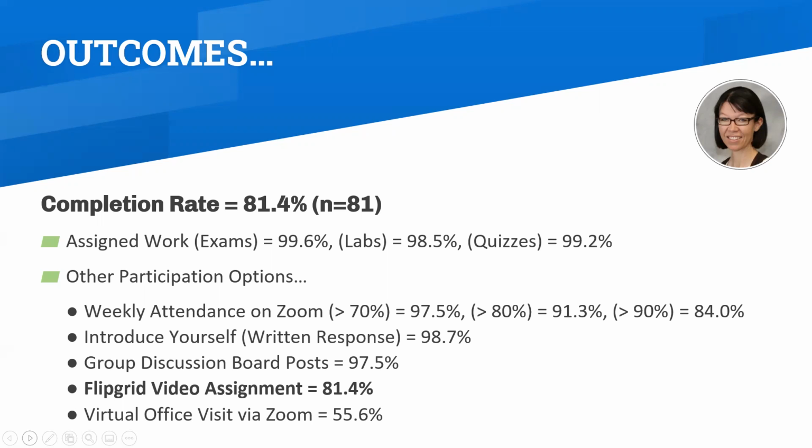But the Flipgrid video option was placed towards the end of the semester. And so the completion rate, meaning the number of students who actually did that assignment, was quite a bit lower than some of the other things on that list. And it may have been just because of where Flipgrid was placed in the semester. But let's see, you can go to the next one, Alyssa.